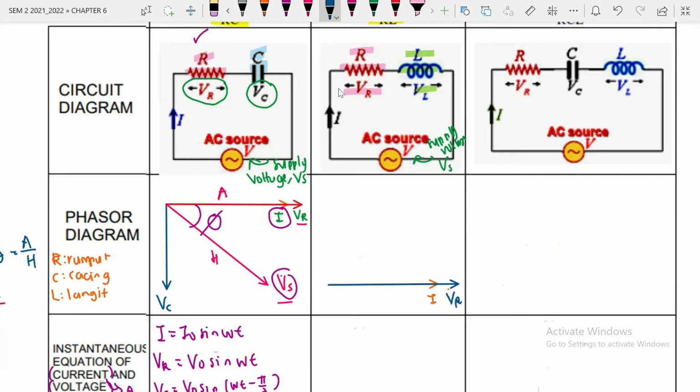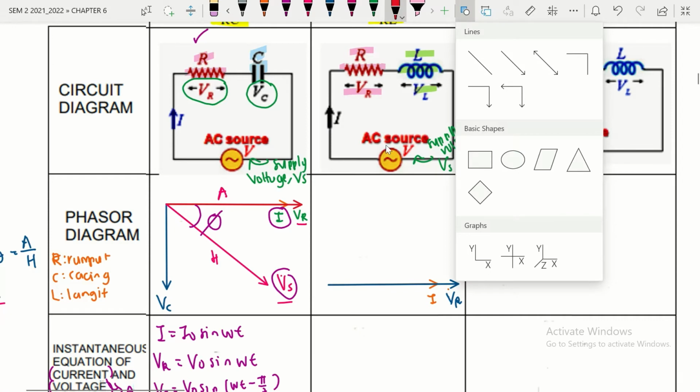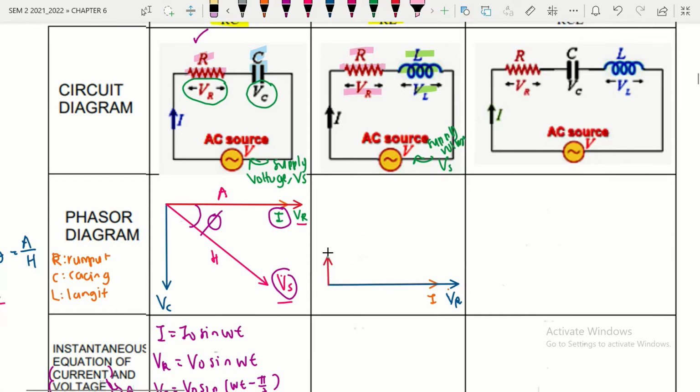Okay, then kita akan ada apa? Kita akan ada voltage across the inductor. So voltage across the inductor, langit L. Betul tak? Inductor adalah L. So jadi dia adalah ke atas. So voltage across the inductor. So your supplied voltage must be in between lah. Between voltage across the inductor and voltage across the resistor.